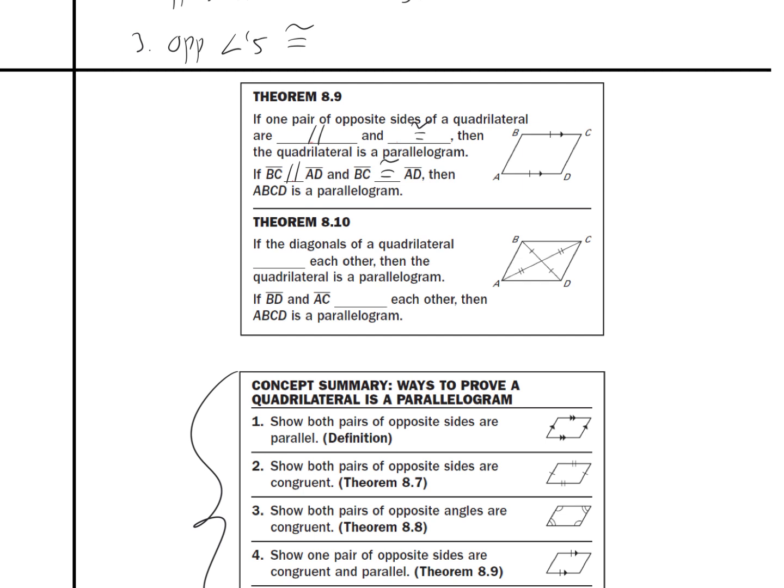So just one pair of sides. Or if you can say that the diagonals bisect each other, you can also say it's a parallelogram. So there are some other ways to prove it besides both pairs of opposite sides being parallel. All right, let's move along.